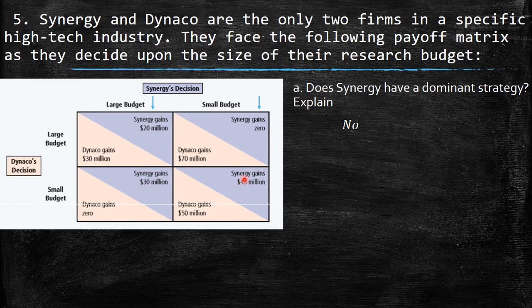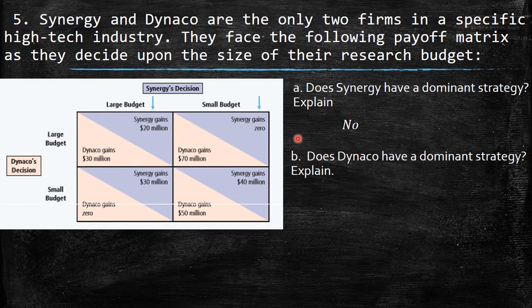Better 40. So if Dynaco plays large, Synergy will go large, but if Dynaco plays small, Synergy will play small as well. So for this reason, Synergy doesn't have any dominant strategy because it depends on the movement of the other one.